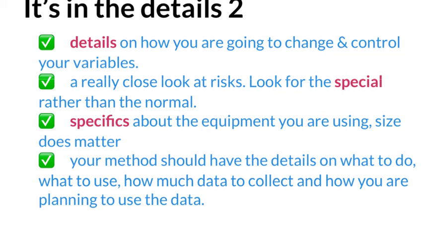Start off with a doing word, an activity sort of thing, like pour or whatever. So when you're doing this, you should be, in some detail, telling me what I have to do, how I have to do it. In other words, tell me I've got to pour the liquid using a measuring cylinder or whatever, how much data I should collect, and what I'm planning to do with the data.